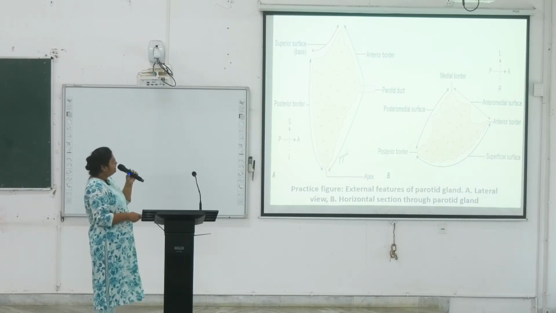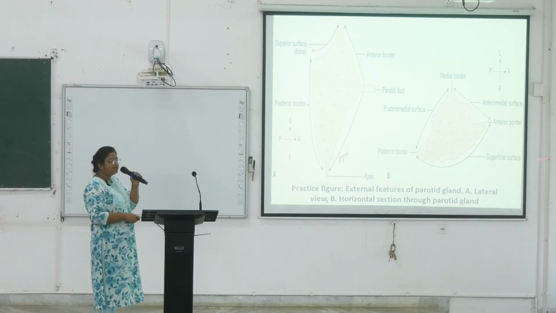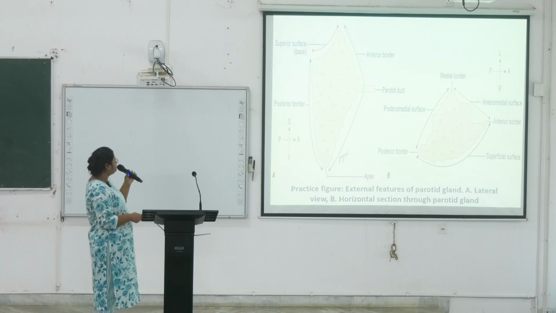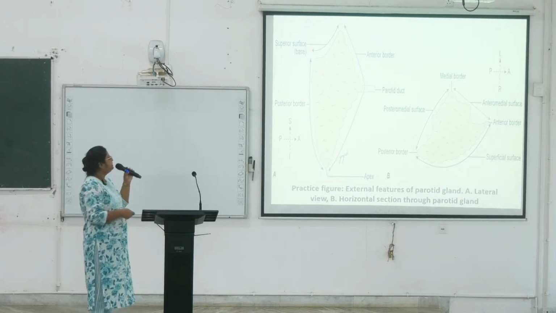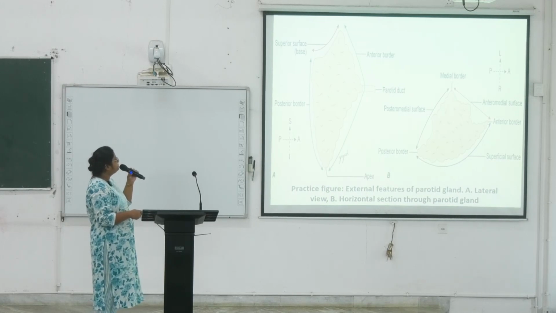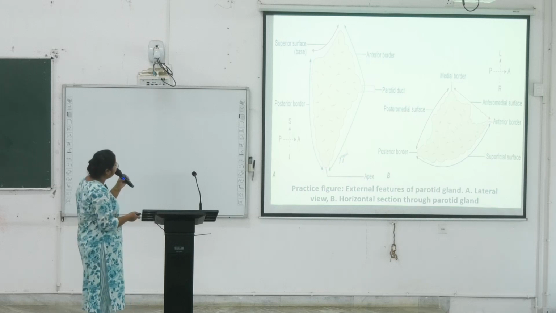The anterior border lies between the anteromedial surface and superficial surface. The posterior border lies between the posteromedial surface and superficial surface. So these are the different borders and surfaces, and the parotid duct is coming out from the middle part of the anterior border.